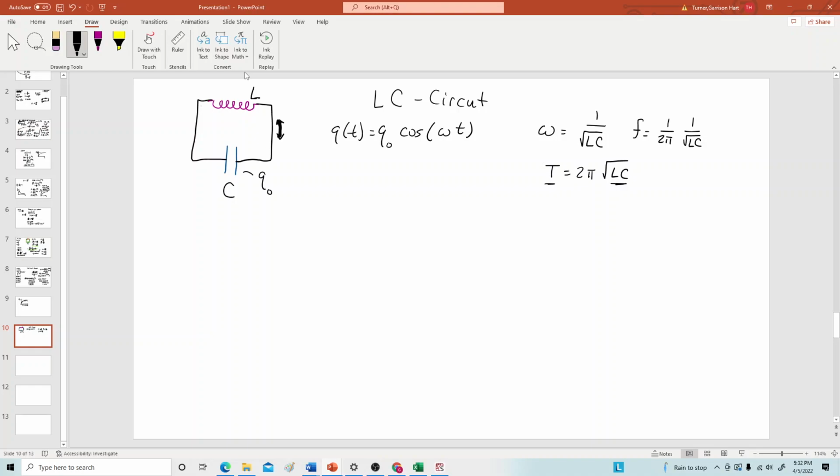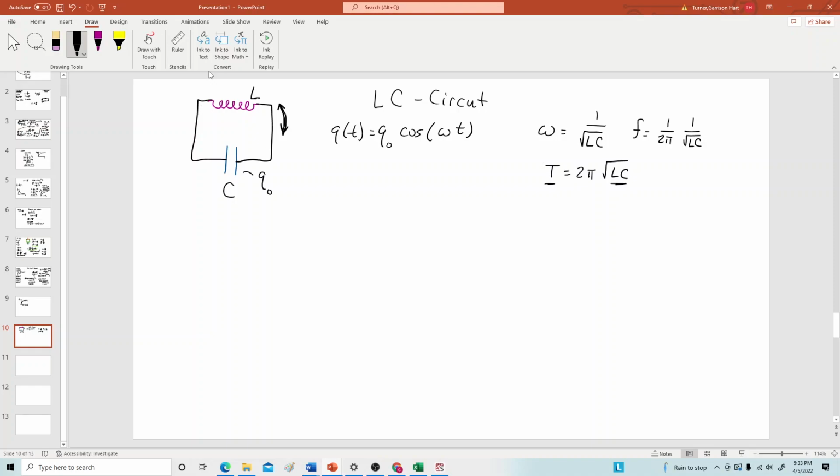So for really small values of L and C, the charges are just going to move back and forth very quickly. For large values of L and C, they'll move one direction and then reverse and move the other, and then reverse again. It'll be a much lazier process.